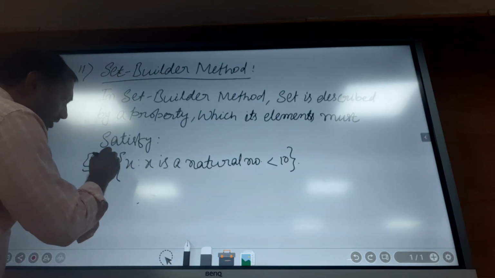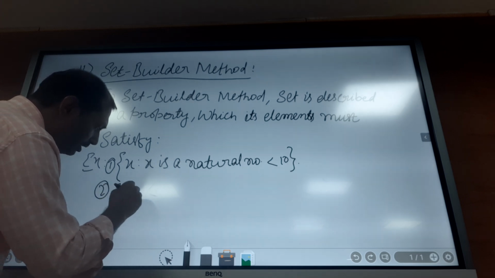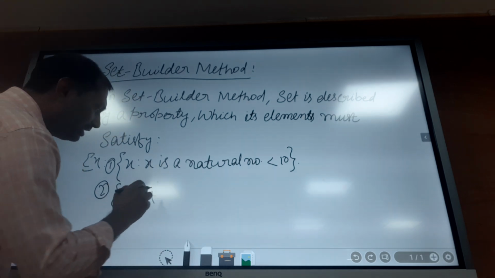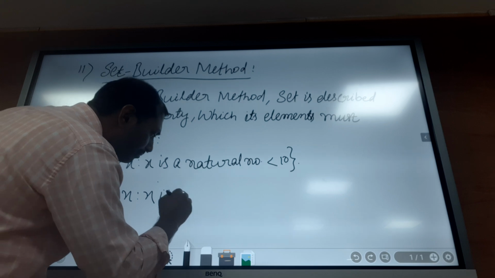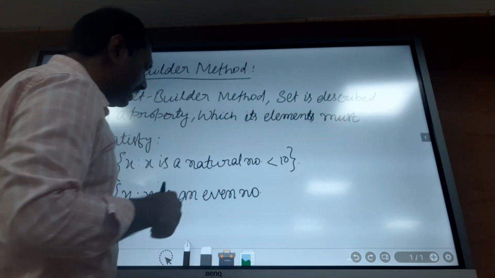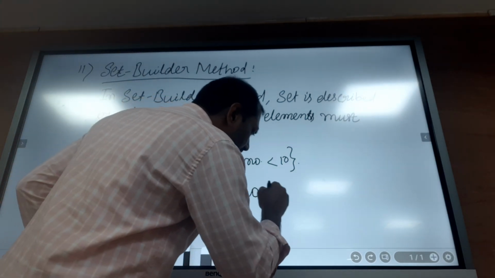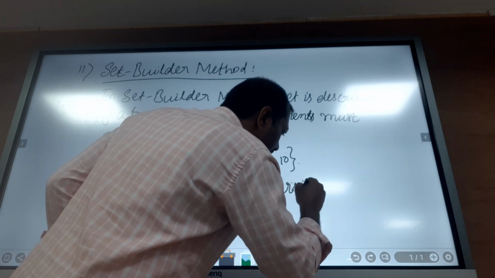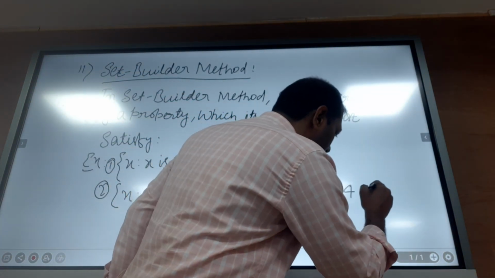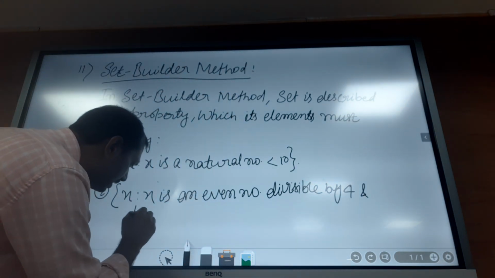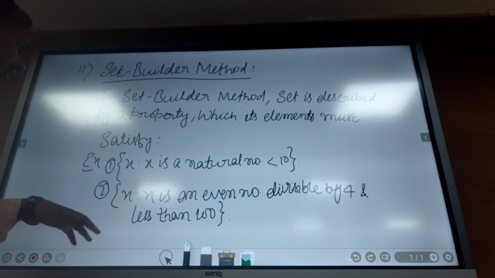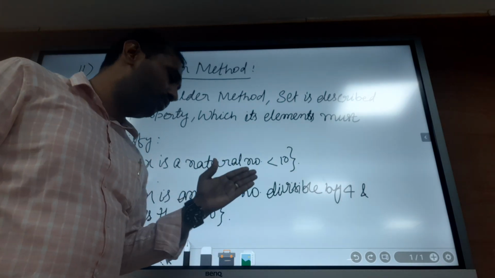In this way we can also describe other examples, such as x such that x is an even number divisible by 4 and less than 100.